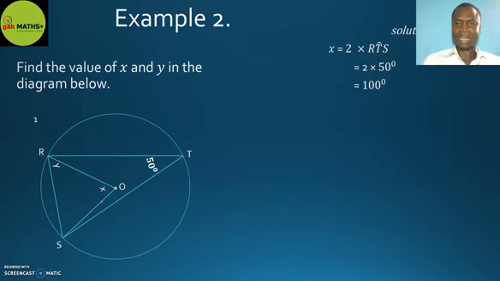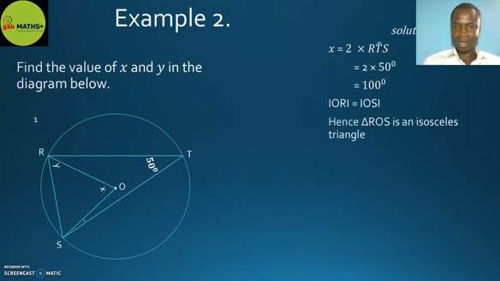So how do we find the value of angle y then? If we take a closer look at the diagram, you will realize that OR is equal to OS. That gives us the triangle SOR, an isosceles triangle.